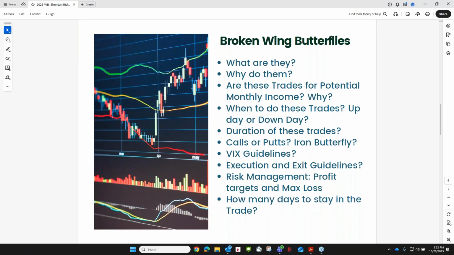Execution and exit guidelines: there is no such thing as a mid price. There's a mid range. So I would watch the mid price for maybe a minute, get an idea where the price is trading the most occurrences. And since these are both debit transactions, I'd place it at the lower end of the range. So if you're watching it for a minute and you see $8, $8.20, $7.80, after the end of that minute, I've seen that's where all the occurrences are for the live mid prices.